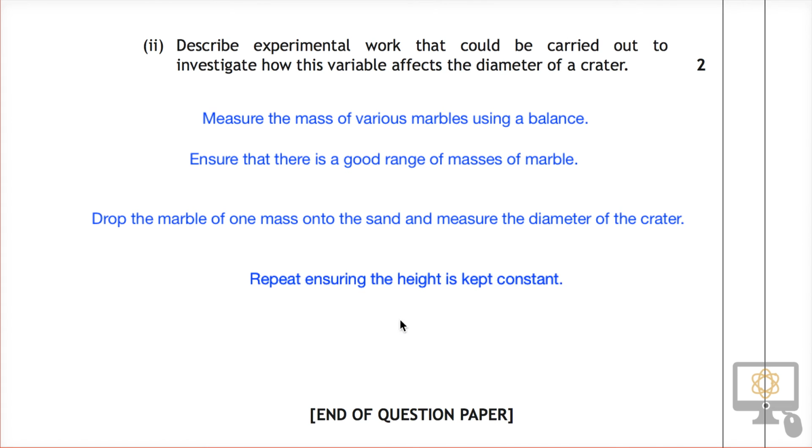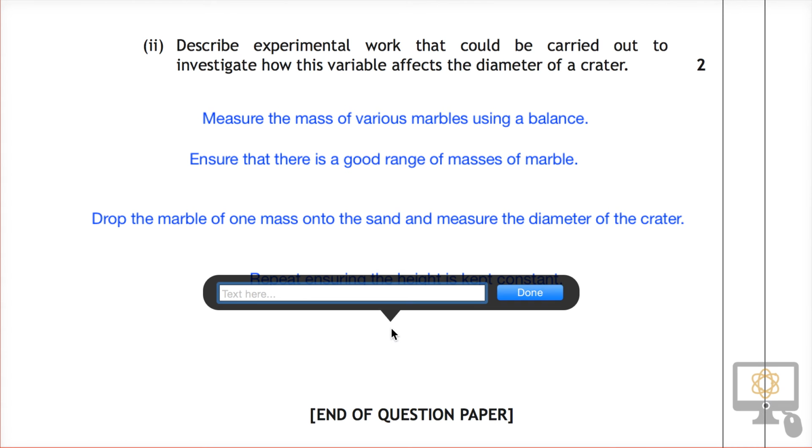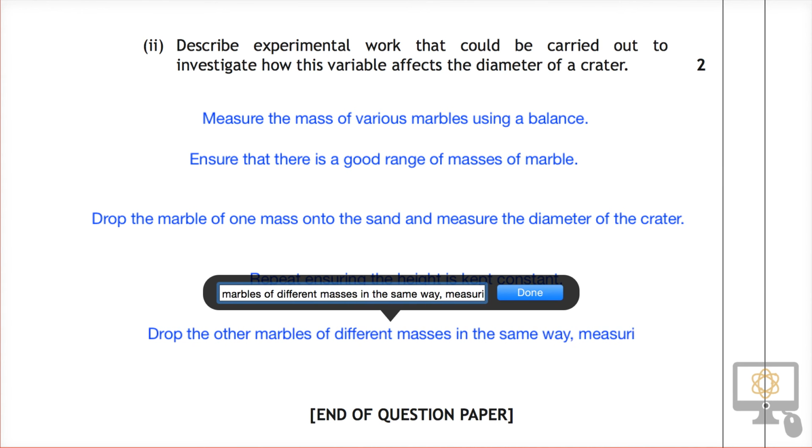And then finally, drop the other marbles of different masses in the same way, measuring the crater diameters. Can't type tonight very well.